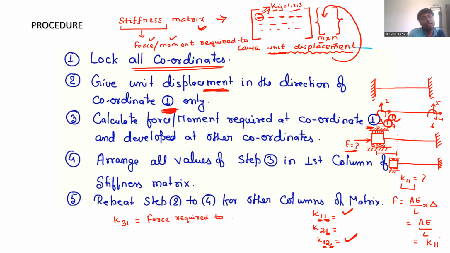Amount of force required to produce a unit displacement in the 1 axis. The force will be required in the direction of 3. Means 3 what? Third coordinate.